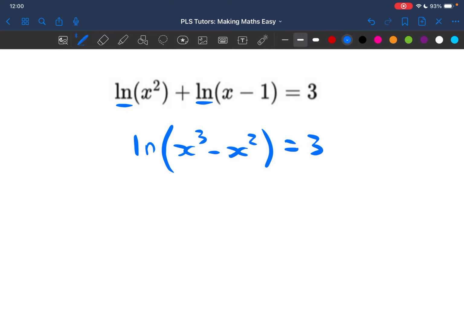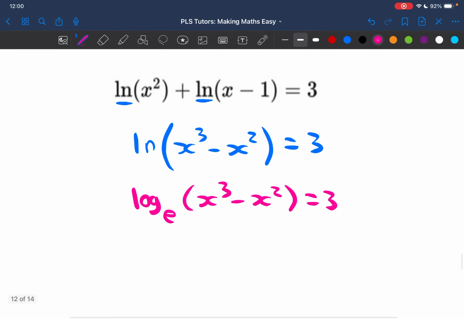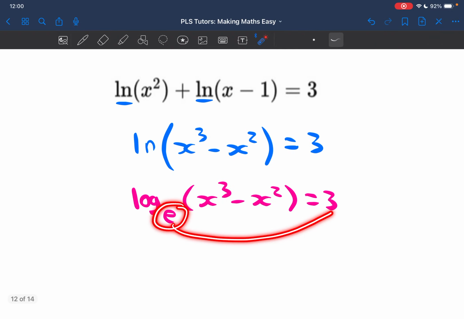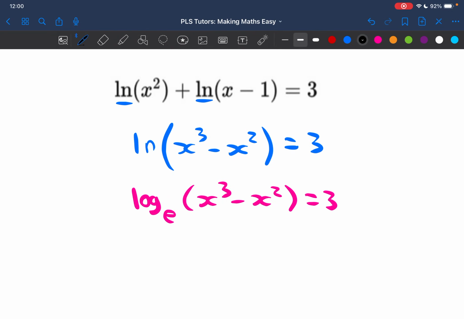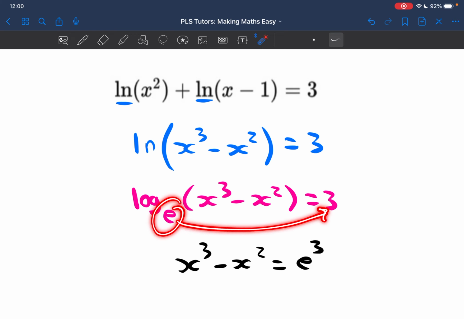Because ln, natural log, is the same as log base e of x cubed minus x squared, and that's equal to 3. So then we can do base to the power of the other side. So we can say that x cubed minus x squared is equal to e cubed. We just do base to the power of the other side to take it out of log form.